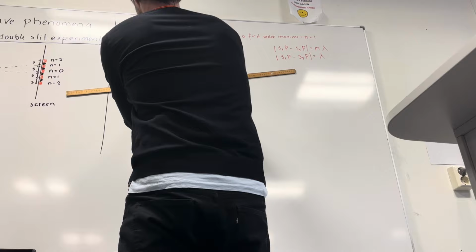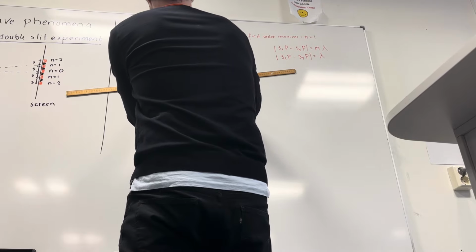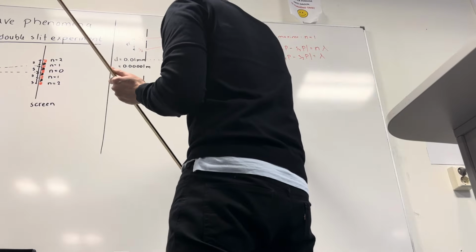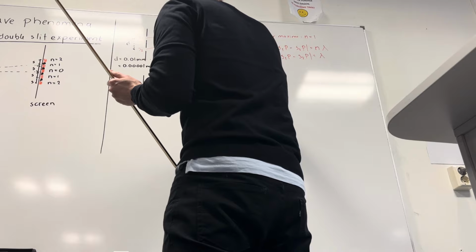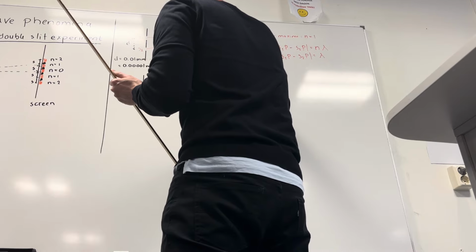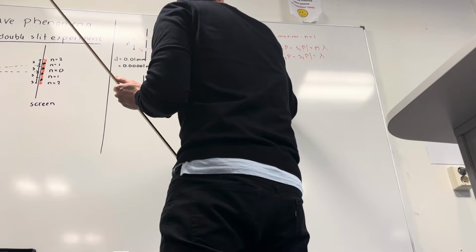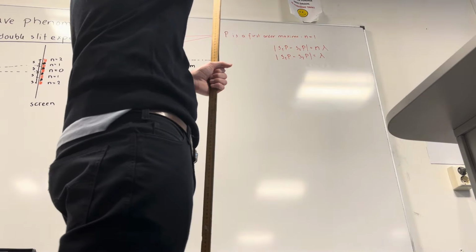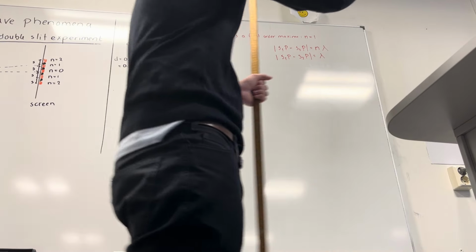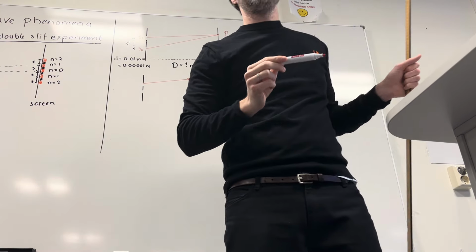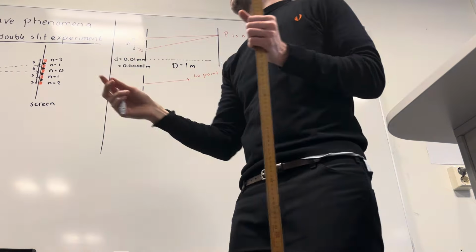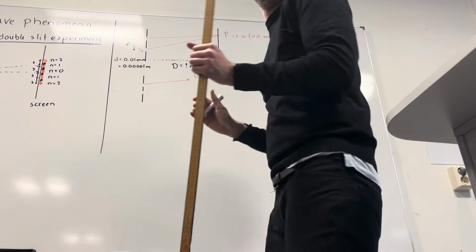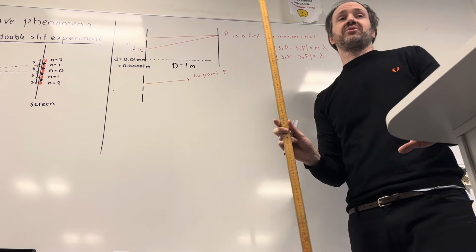So this line here goes to the point. This line here travels to point P. Yeah, so if anyone can take this marker and go 100,000 meters in this direction, we can find point P. Okay, that's out there. So point P is far apart.